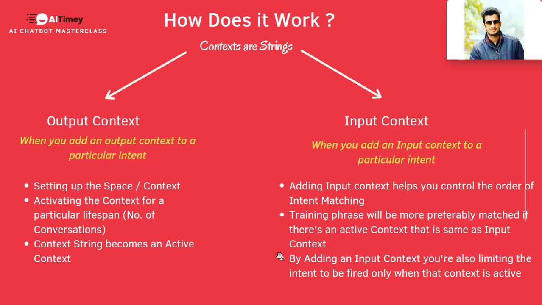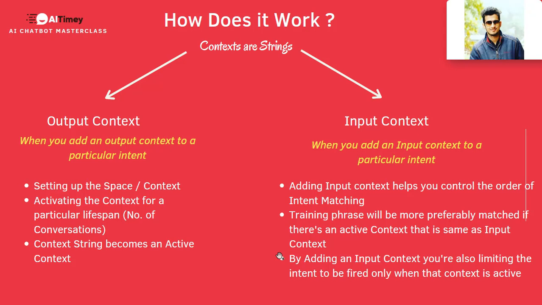So adding input context helps you control the order of intent matching. Training phrases will be more preferably matched if there is an active context that is the same as the input context. By adding an input context, you are also limiting the intent to be fired only when the context is active.